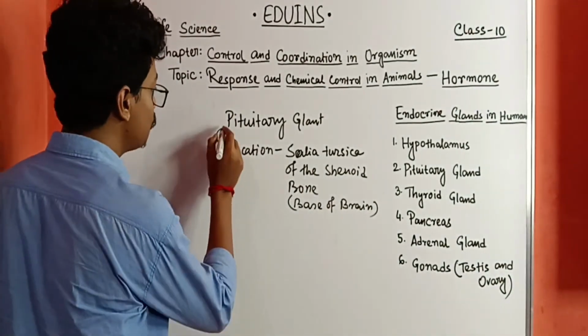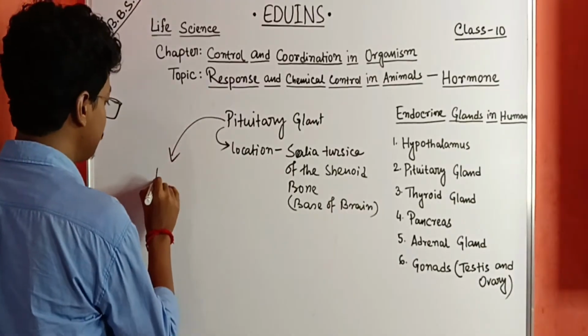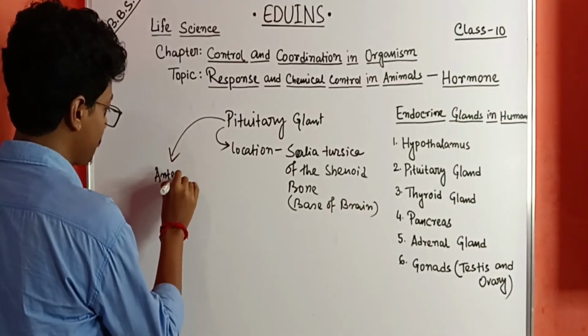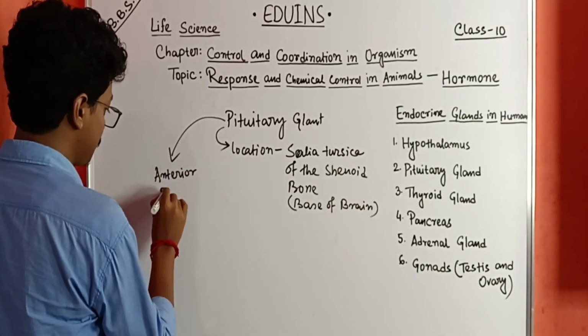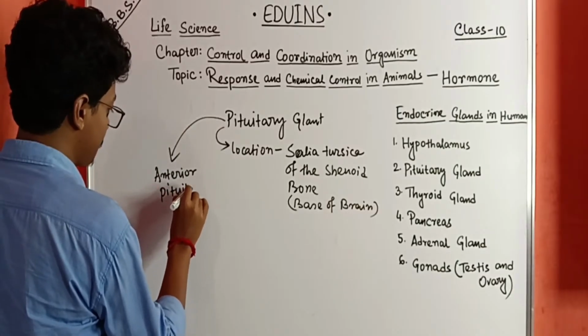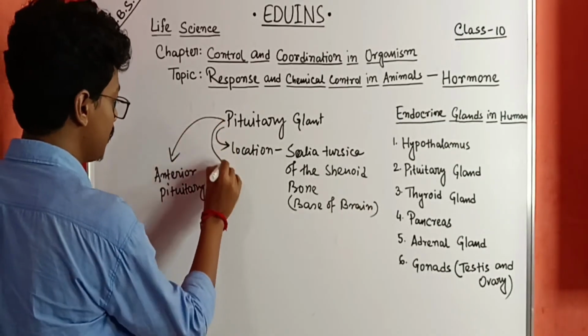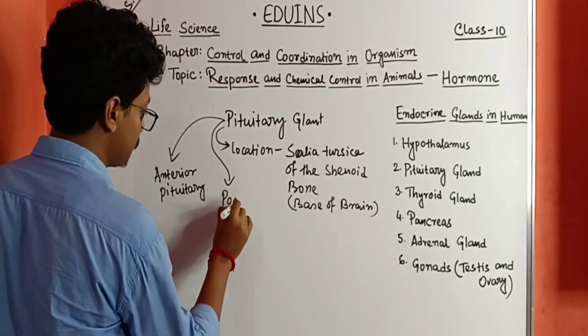It has two parts: the anterior pituitary and the posterior pituitary.